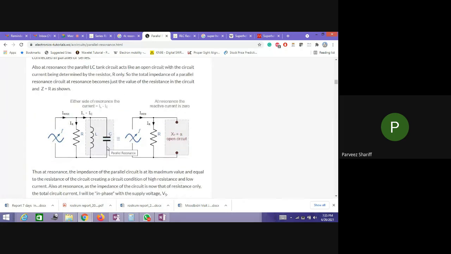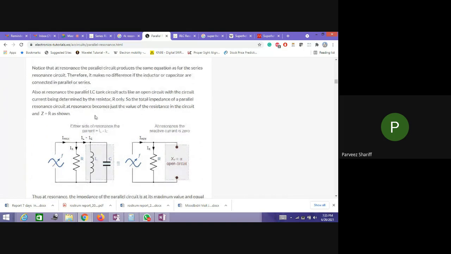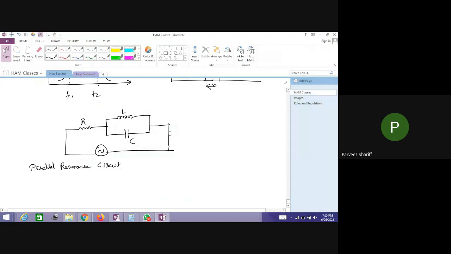Now if you see at this point, what happens? XT, the total reactance at this point. Okay, I have to write this in parallel, otherwise if it acts like an open circuit, then there is no path for the current to flow.